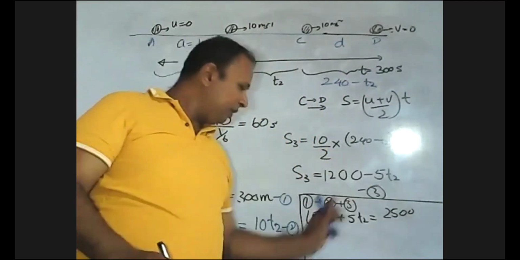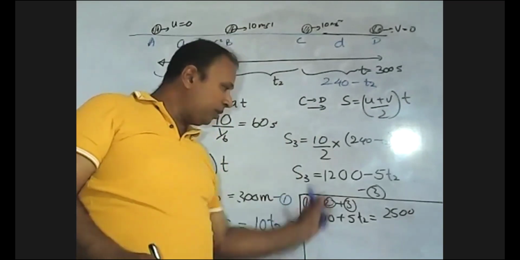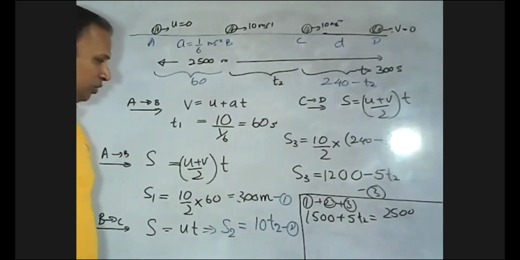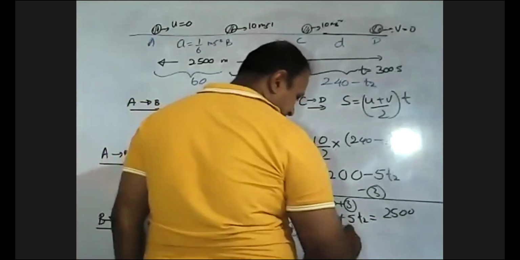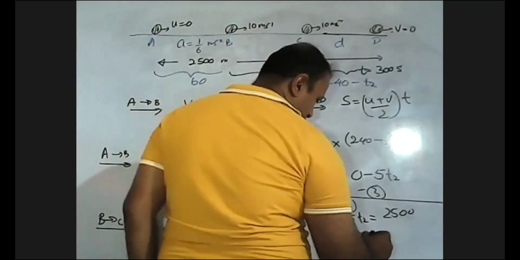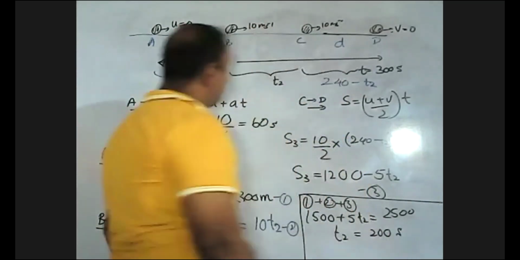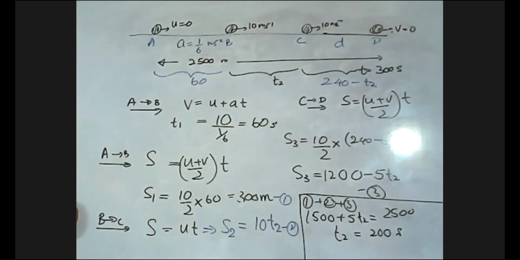Therefore, if you bring this one to the right hand side, it will be 1,000. 1,000 over 5 means T2 is 200 seconds.